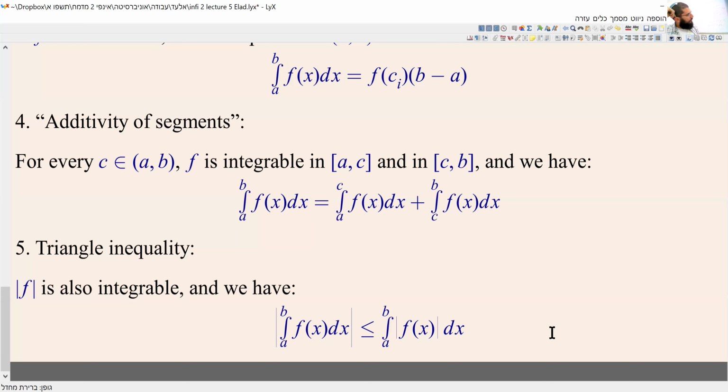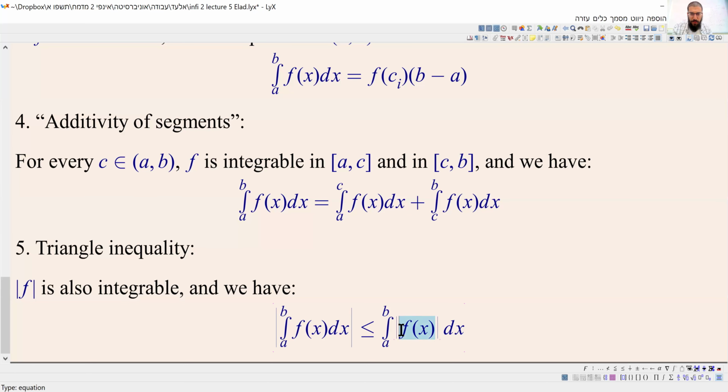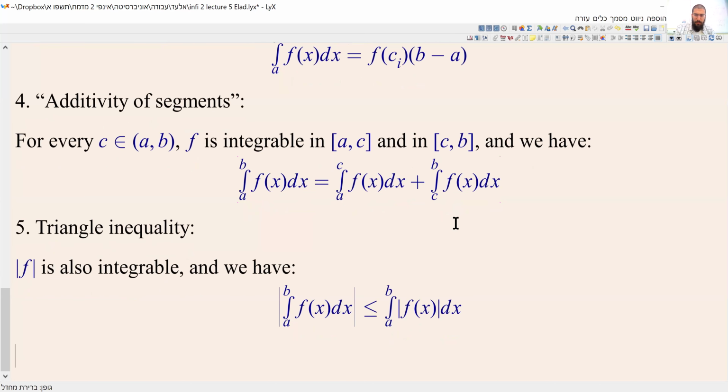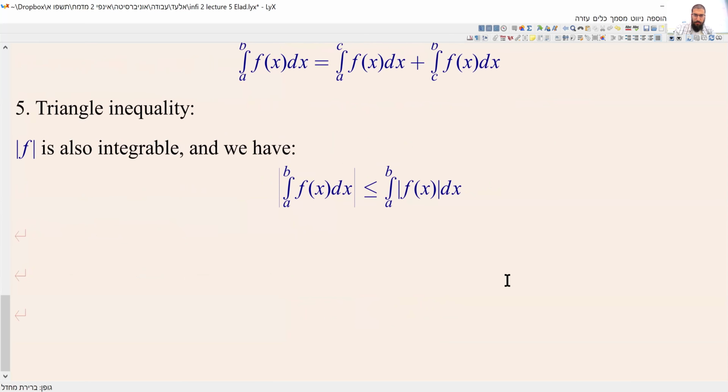Meanwhile, on the right side, we first apply the absolute value, meaning we don't have any negative areas anymore. They're all positive and they do not cancel each other. On the contrary, they add up. Let's draw a simple example.